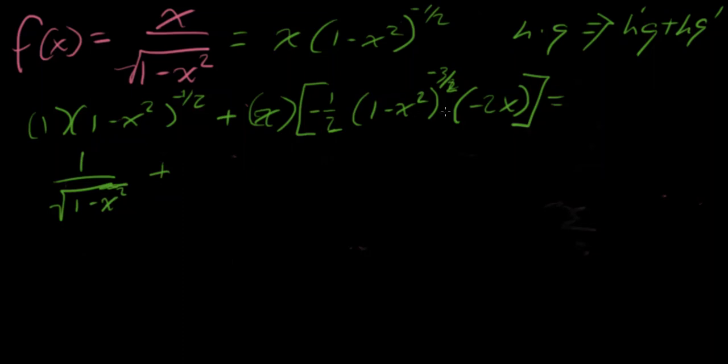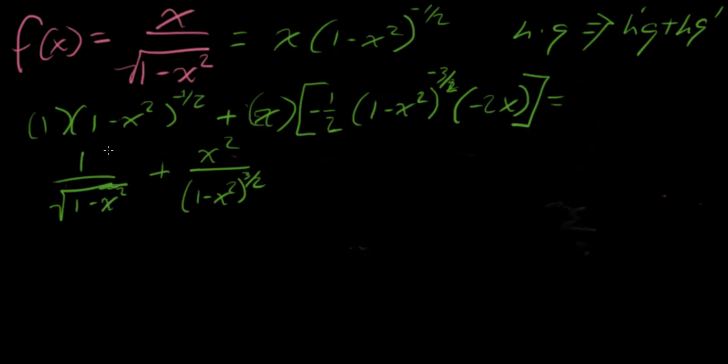The 2 over the 2 reduces, and x times x gives us x squared over 1 minus x squared to the 3/2 power. And now we notice they have the same base, but not the same power. This one's to the 1/2 power in the denominator.